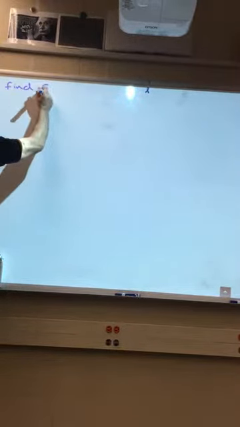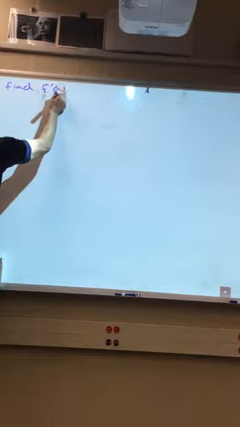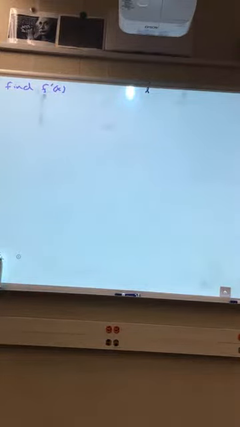So let's find the derivative first. Let's make sure we've got all of our steps. The first thing we're going to do is find f prime of x. That's our slope finding function, that's our derivative.